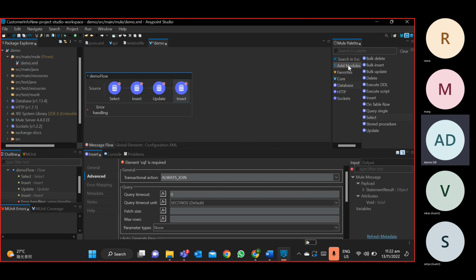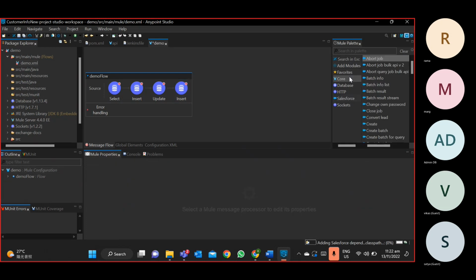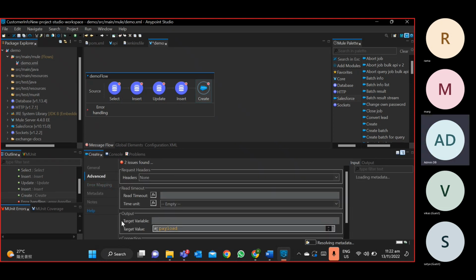Let's say I'm going to Salesforce. For this, I go to advanced, and here you can't see any transactional action.